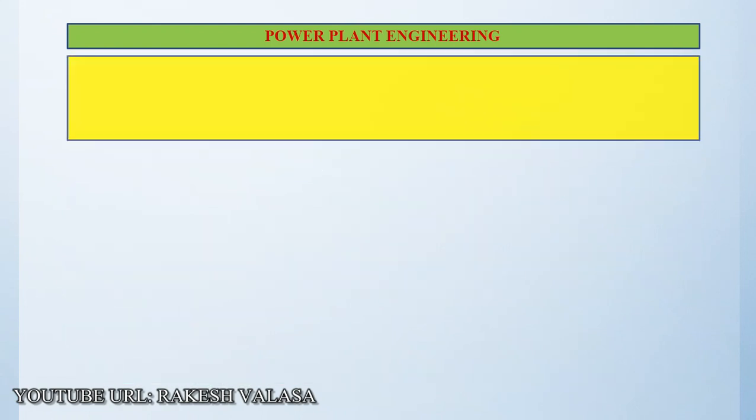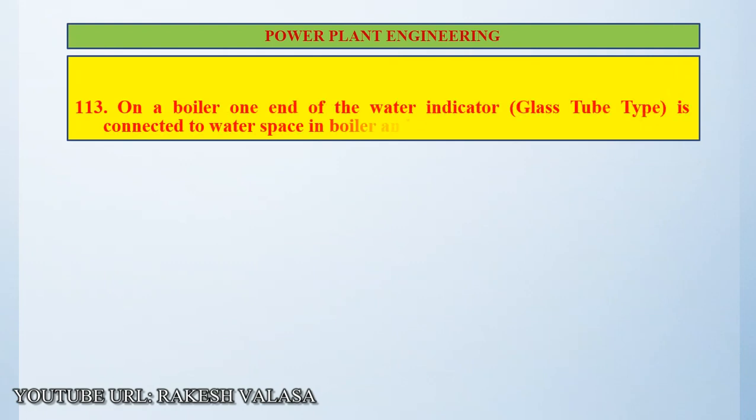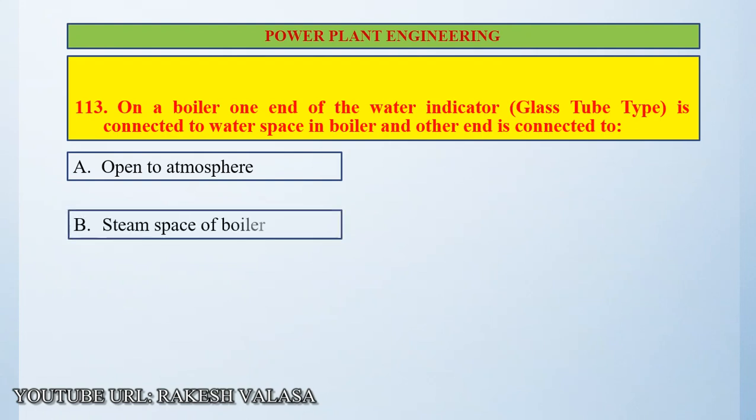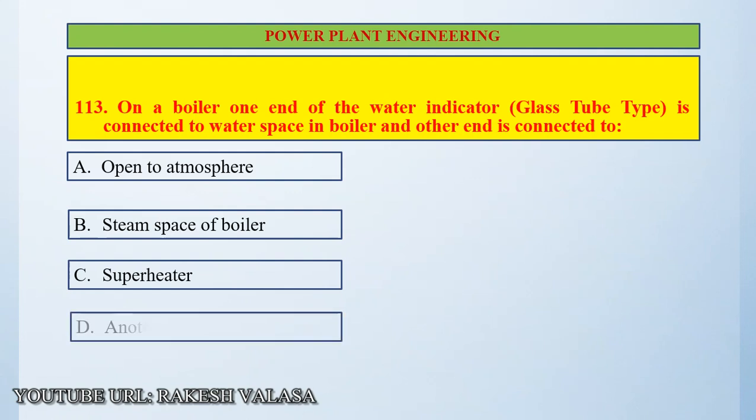Question number 113. On a boiler, one end of the water indicator, that means glass tube type, is connected to water space in boiler and other end is connected to: option A open to atmosphere, option B steam space of boiler, option C superheater, option D another part of water space.